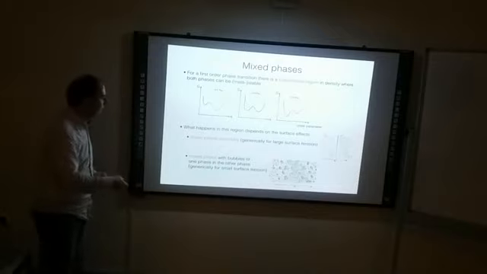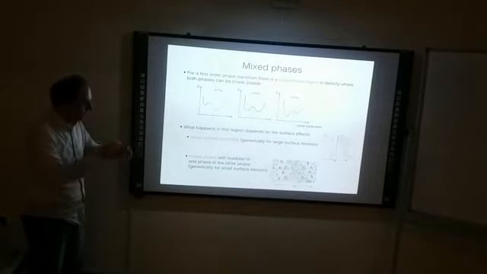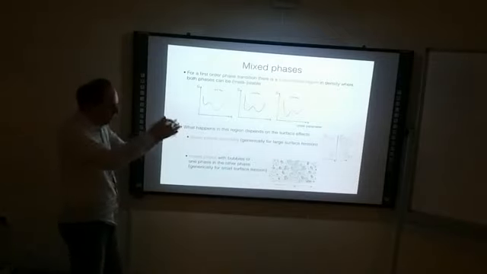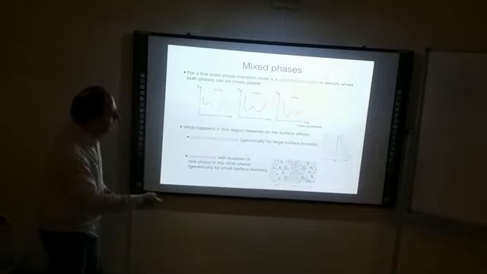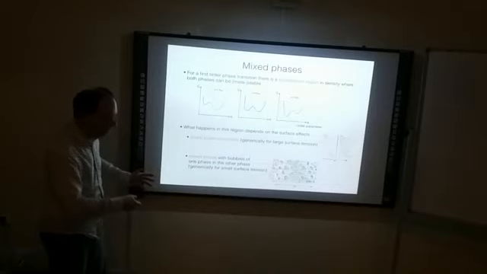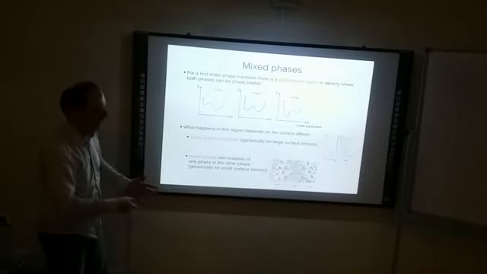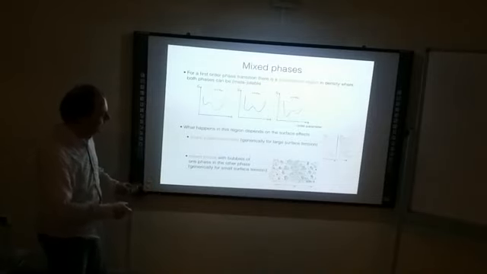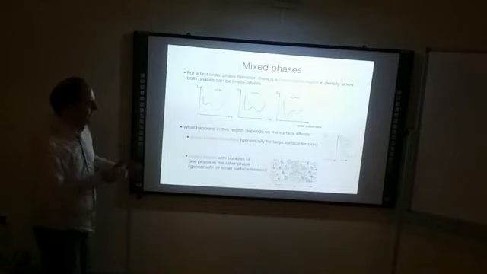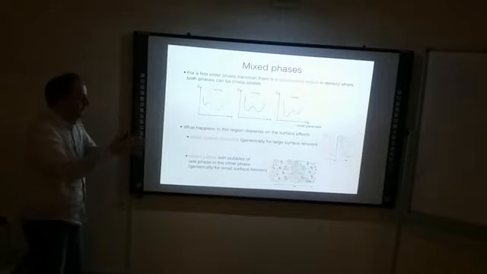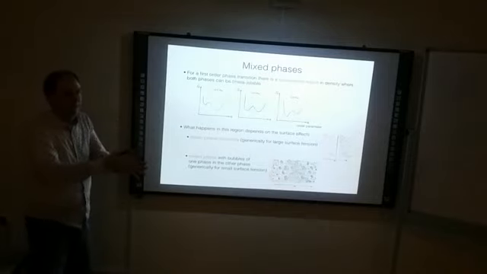But if the surface tension is small, it only costs a small amount of energy to have additional surfaces, then you can produce something like this, where you have droplets of one phase in the other phase. That would be a mixed phase where you can continuously transform. As you increase the density, you gradually transform your system from one phase into the other.